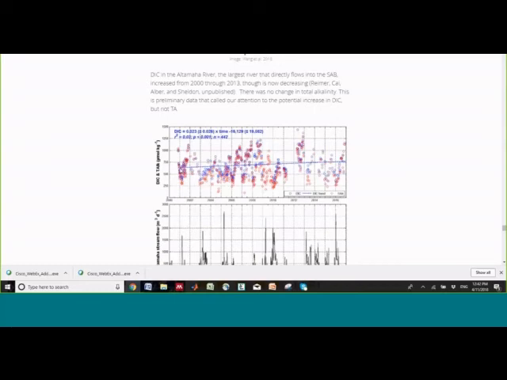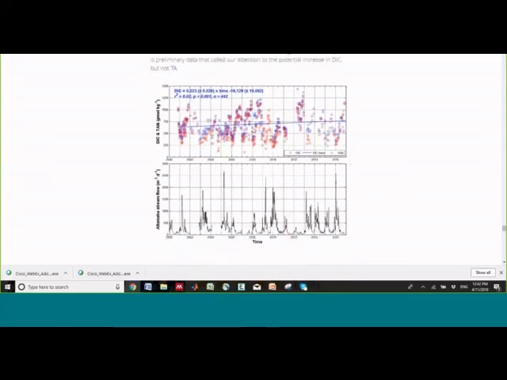And so it's really important to have these long-term time series because we can compare these concentrations of DIC and alkalinity to river stream flow. So there's definitely a direct effect when you have a river stream flow increase.